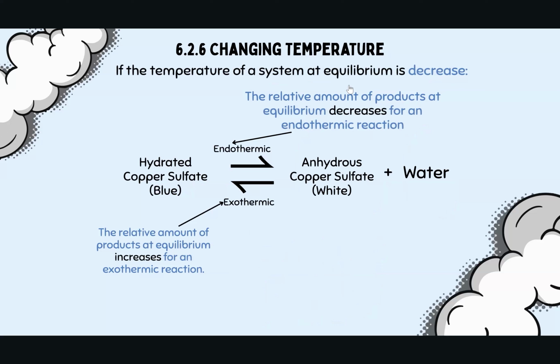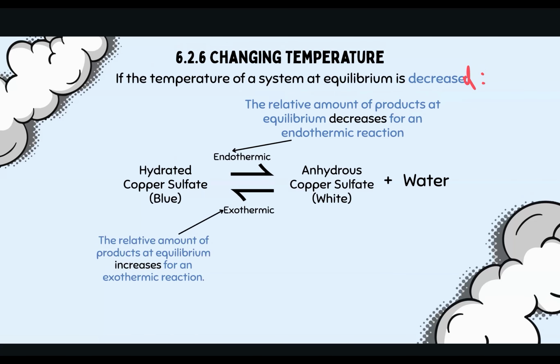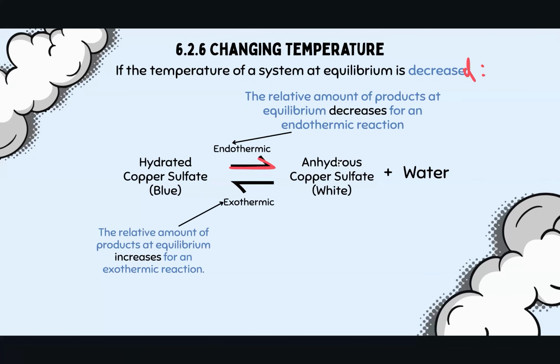So if the temperature of a system at equilibrium is decreased, then the relative amount of products at equilibrium decreases for an endothermic reaction. So here the forward reaction is endothermic. That means we're going to make less anhydrous copper sulfate and less water if you decrease the temperature.